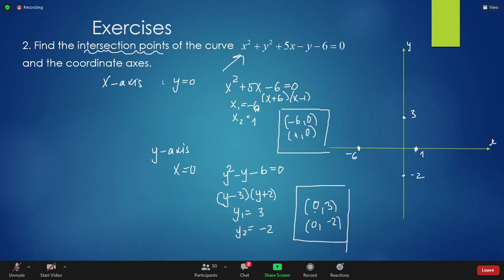But in order to figure out what the radius is and what the coordinates of the center are, we would need to do some extra work. So we are not doing it right now. We will get to the circles soon enough. Just need to discuss straight lines and then we'll move on to circles, most probably next week. So I can actually tell you that this would be a circle and the center is, all right, the center is at minus 2.5, 0.1, somewhere here.